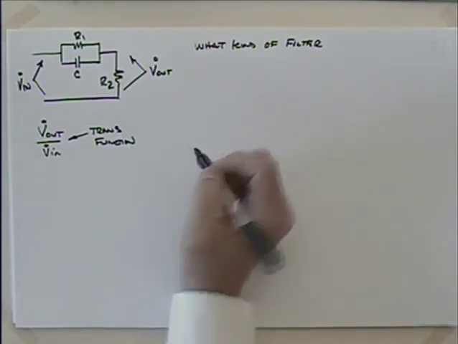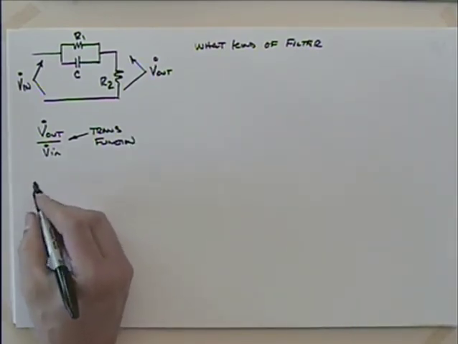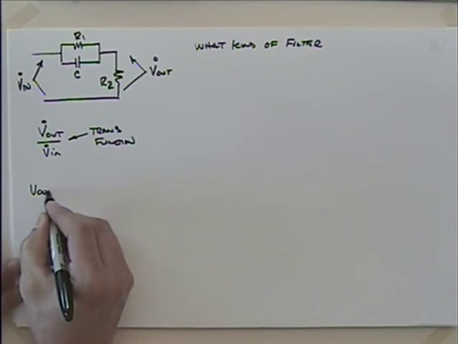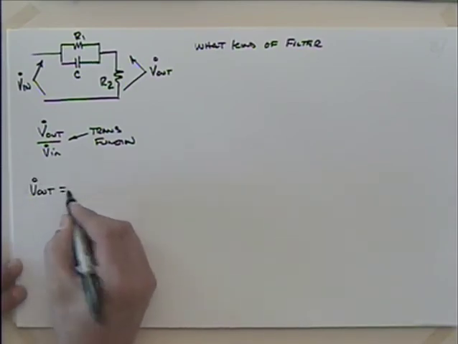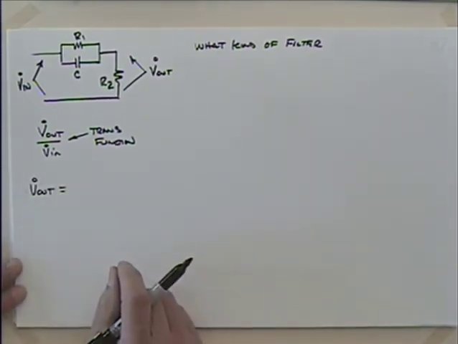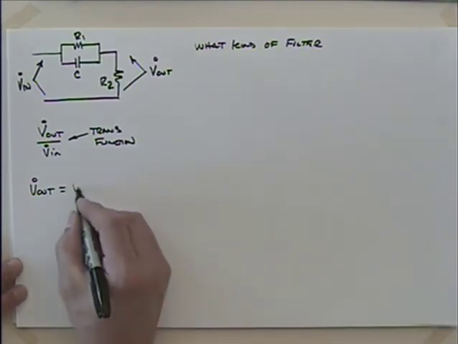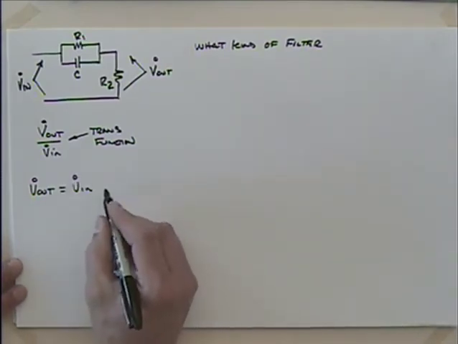So that's our test. Well, let me see if I can come up with an expression for V out. What's that going to be? Well, that's really just our Vin, voltage division like we did in the last problem.